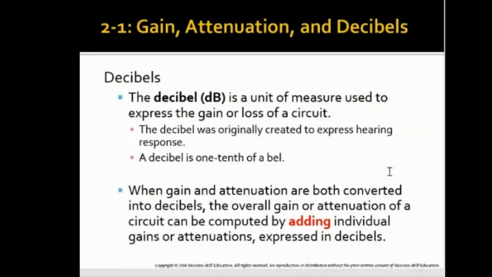Okay, so let's see what a decibel is. The decibel we usually show by dB. D is a small letter, B is a capital letter, always the same. You should follow this standard form of showing the decibel. It is a unit of measure used to express the gain or loss in a circuit.